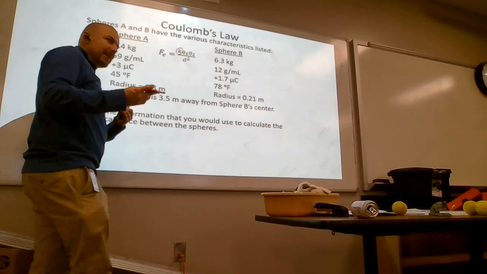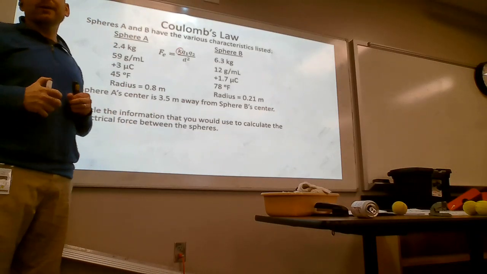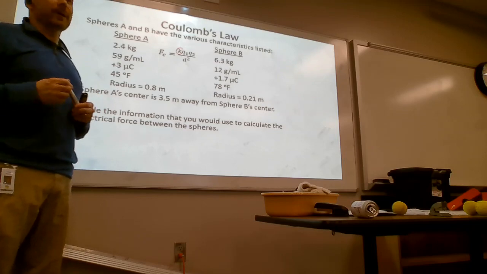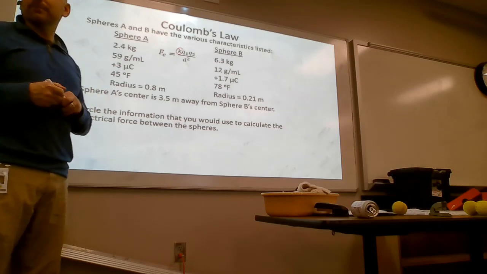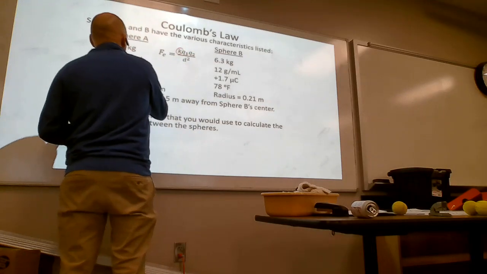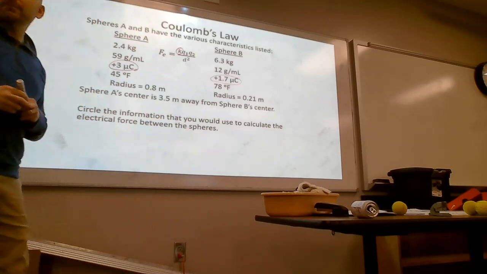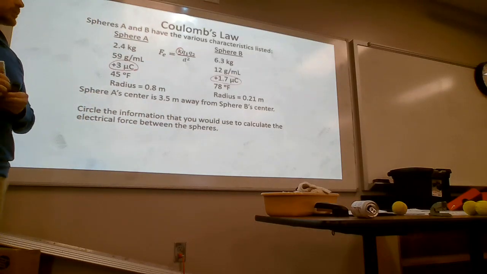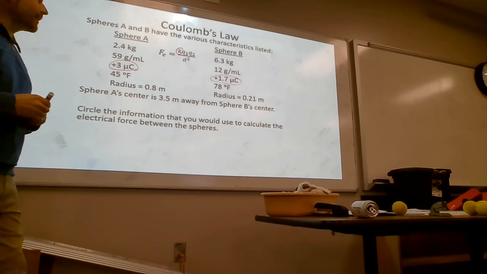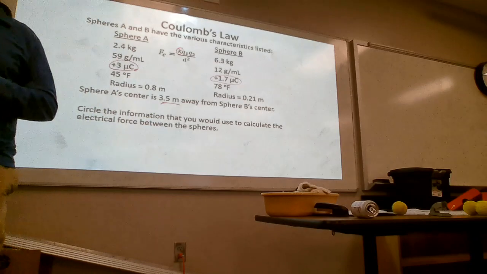Okay, that's given to you all the time. It's a constant, 8.99 times 10 to the ninth. You won't have to memorize that. I'll give that to you. Q1 and Q2 are the charges on both objects. Which one's Q1, which one's Q2 doesn't matter. And then D is the distance of separation between their centers.